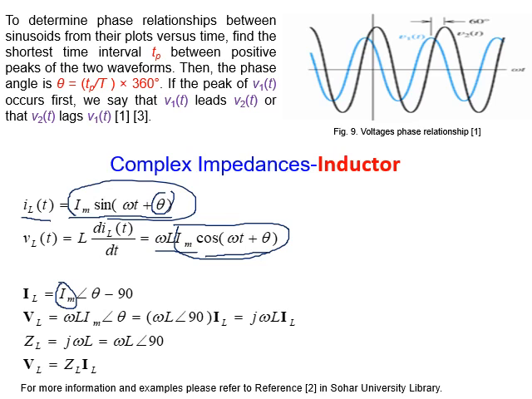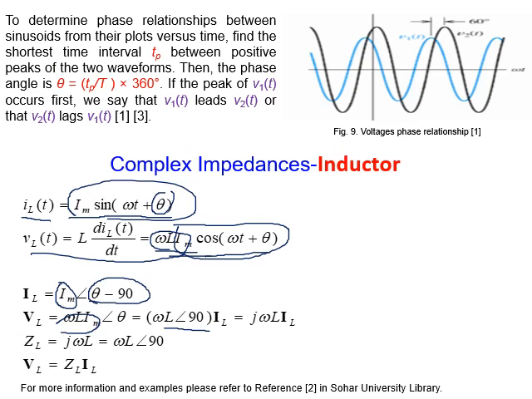Okay, now have a look at how we got this. VL, representing this VL here, is omega L Im, which is the maximum here, with angle theta, right? Omega L with angle 90, and IL represents this theta minus 90.